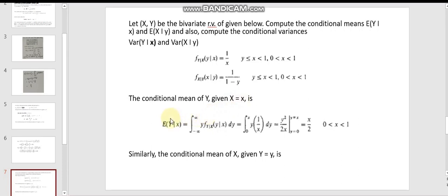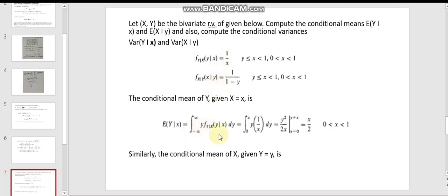For this purpose, we know the formula for the conditional expected value of y given x. We multiply y with the conditional PDF of y, and then integrate it from minus infinity to infinity along variable y. Here the conditional PDF of y is given, which is equal to 1 over x.